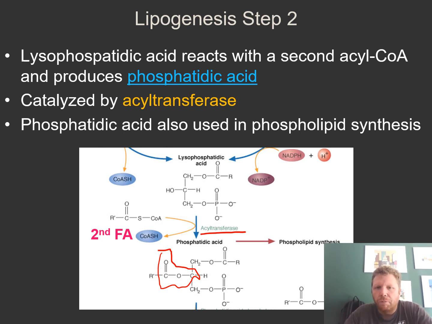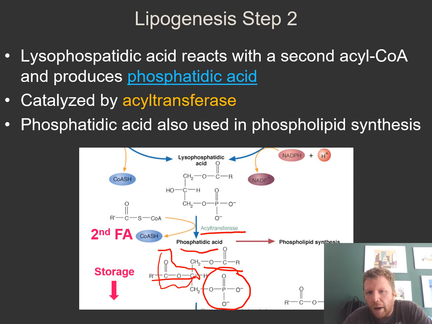So now what we've produced is phosphatidic acid. So we've got our phosphate group on carbon number 3. We've got an acyl group on carbon 1 and carbon 2. So we're in great shape there. This is awesome. So after 2 steps, we've got 2 of the acyl groups added.